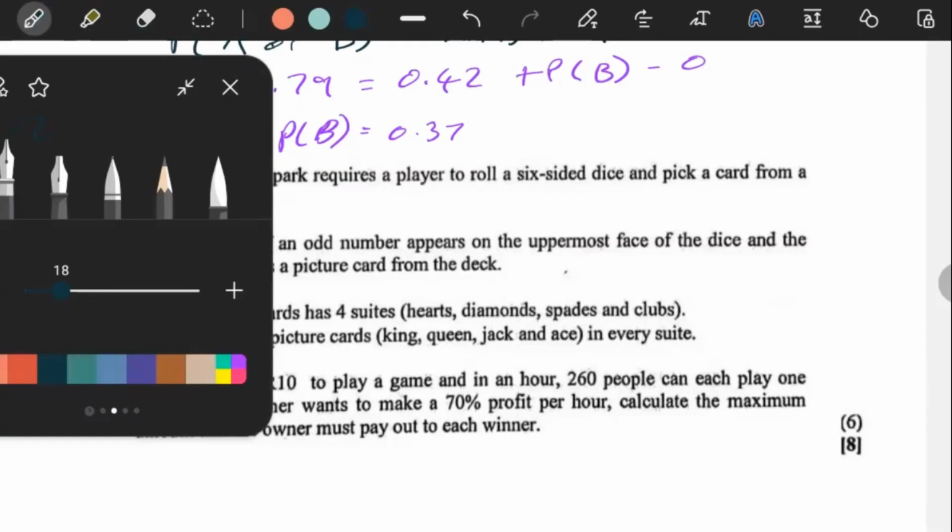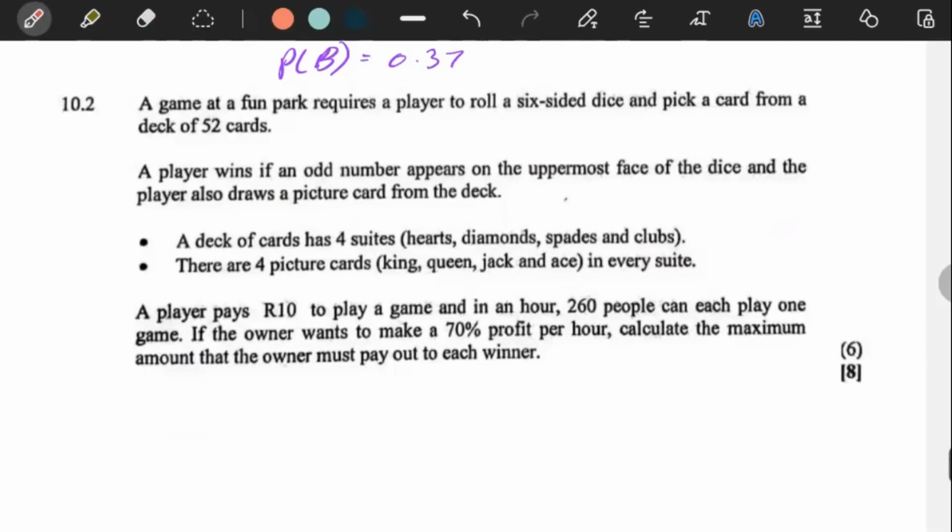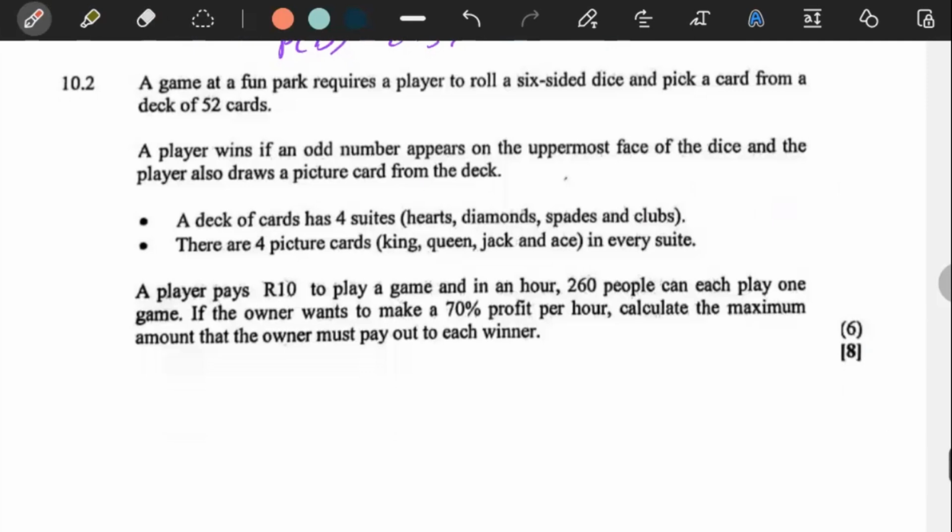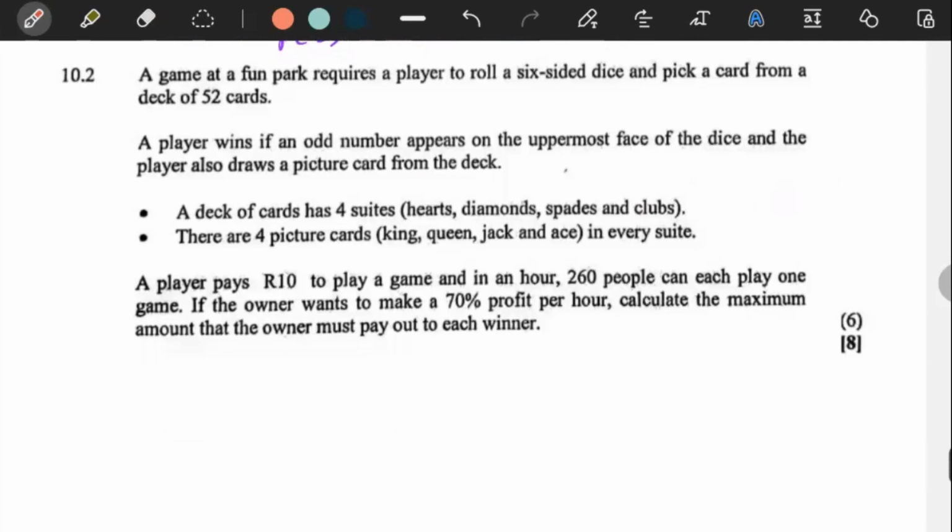Okay, so question number 10.2. As of this recording, this is ideally the first slightly challenging question. It says here, a game at a fun park requires a player to roll a 6-sided dice and pick a card from a deck of 52 cards.